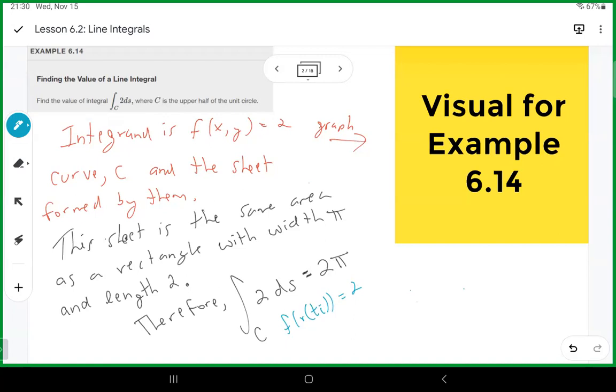So therefore, the limit as n approaches infinity, summation i equals 1 to n, of 2 delta s_i.